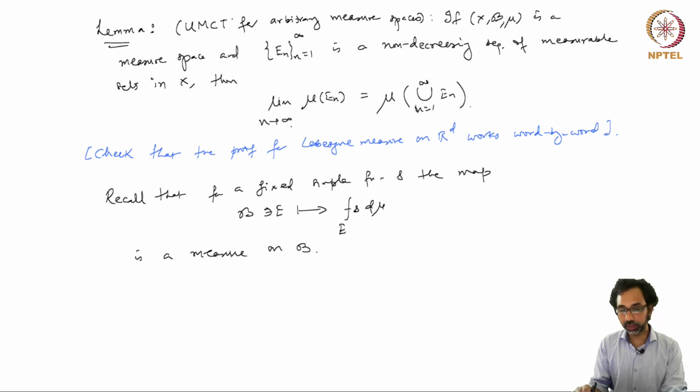The first is that the upward monotone convergence theorem holds, and the second is that this assignment of the simple integral for a fixed simple function S to any measurable set gives you a measure on the sigma algebra B.